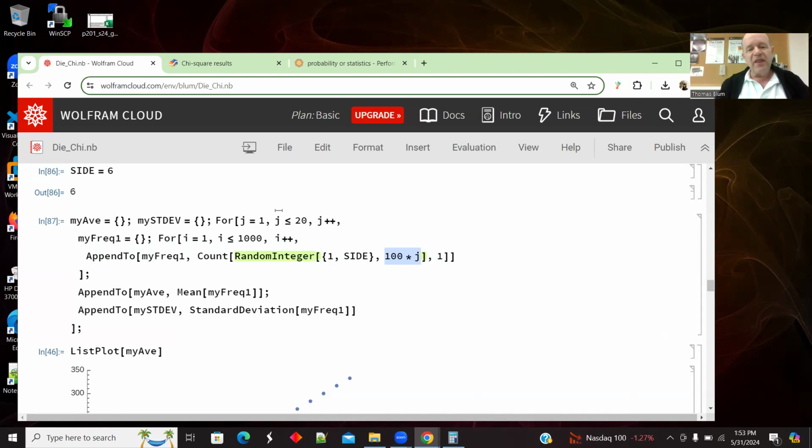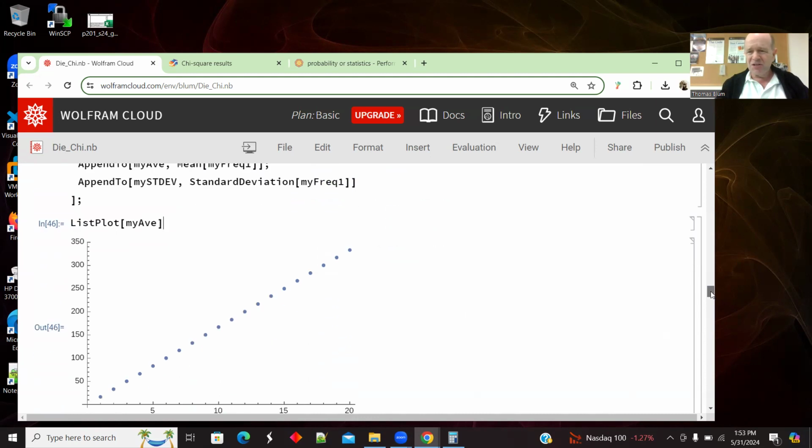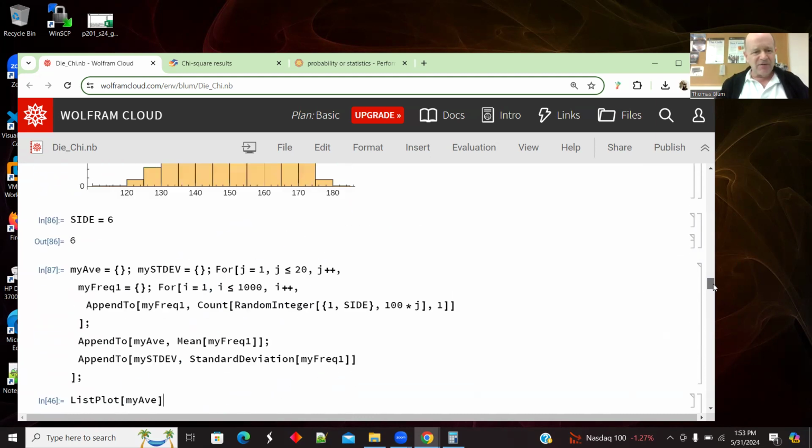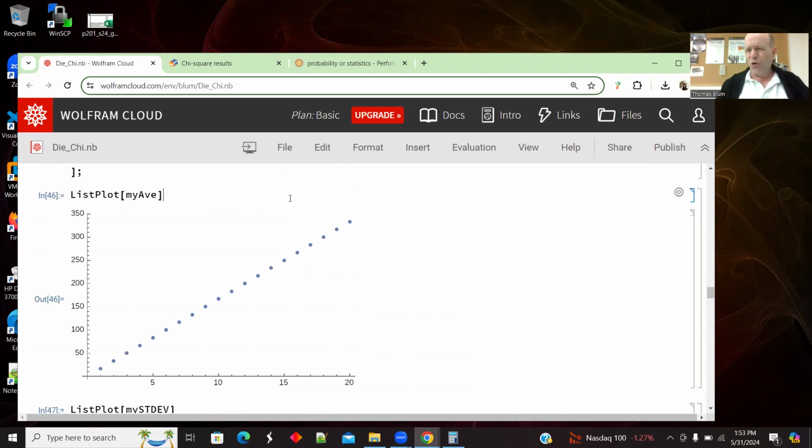But then I repeat that, and I am changing the number of samples each time. Not the 1,000, but the number of times I roll. Okay. And then I have my averages and my standard deviations, and I'm just going to do a quick plot.